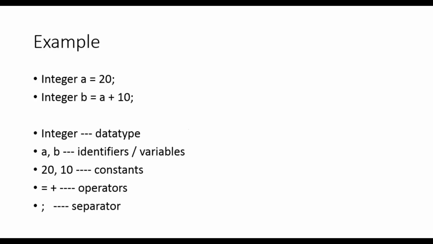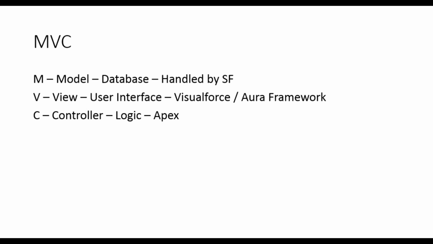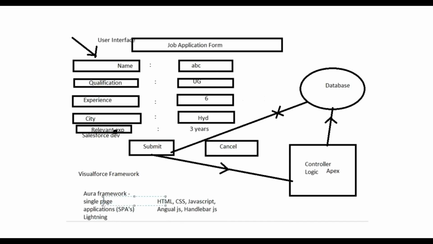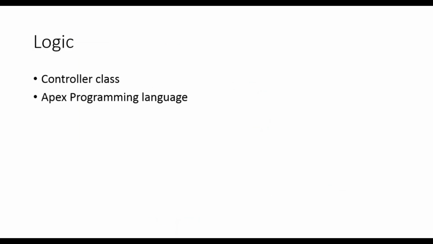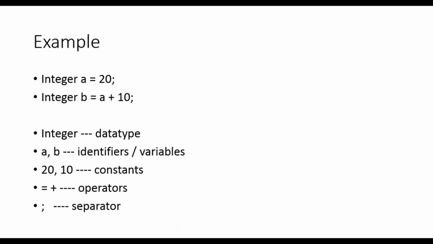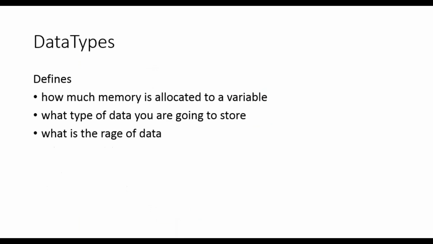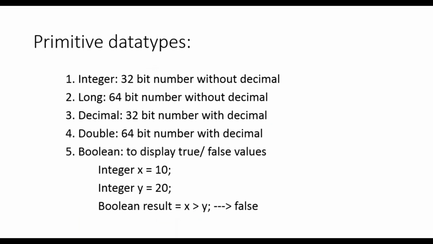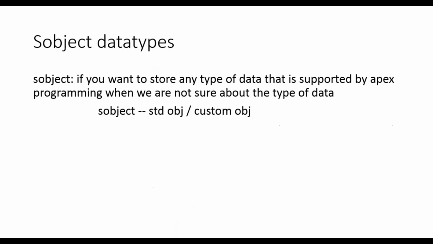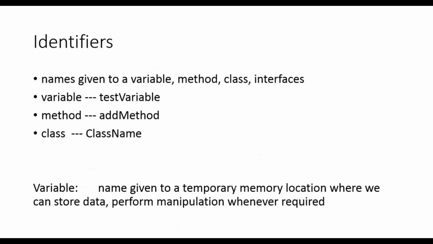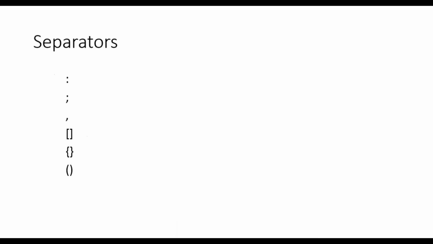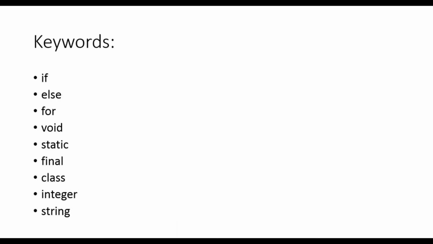So we have seen MVC architecture, how a model, view and controller are connected one to other. Then we have seen a normal statement, data types, primitive and sObject data types. We have seen identifiers, variables, operators, constants, separators, keywords.